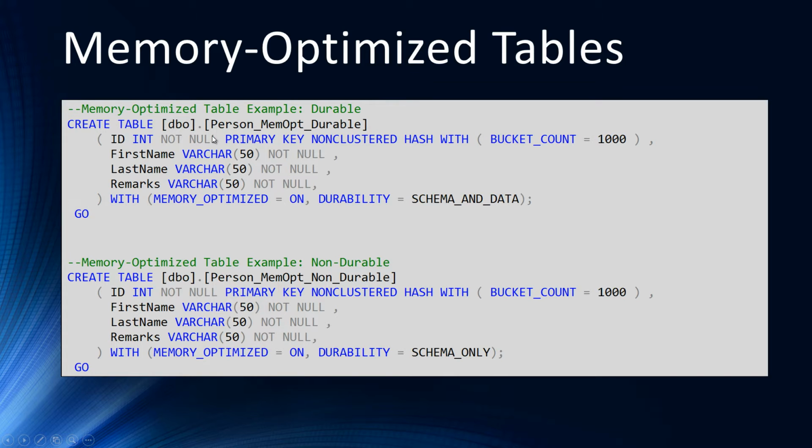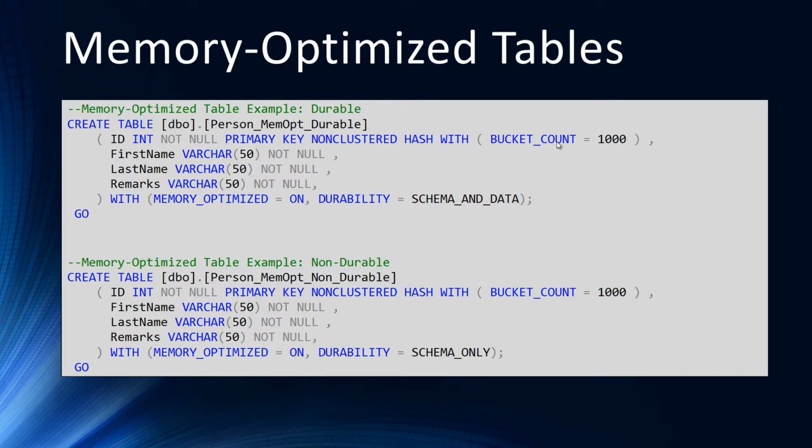In the first example here, you can see how you create a durable memory optimized table. It is exactly the same syntax as creating normal disk-based tables, but you need to add the type of index, in this case non-clustered hash, and specify the bucket count. The bucket count represents the number of unique records in your index.